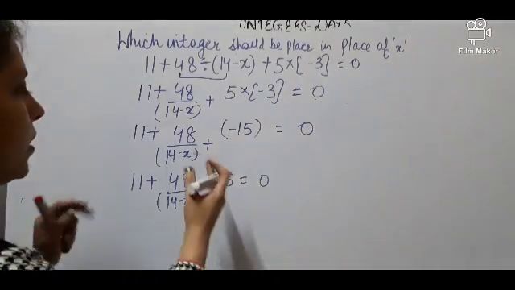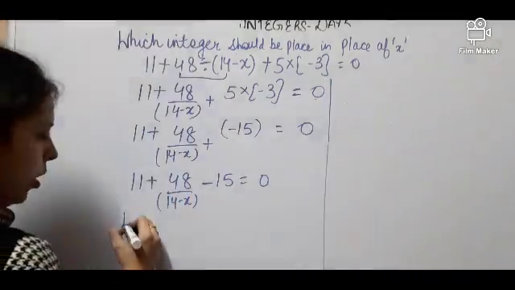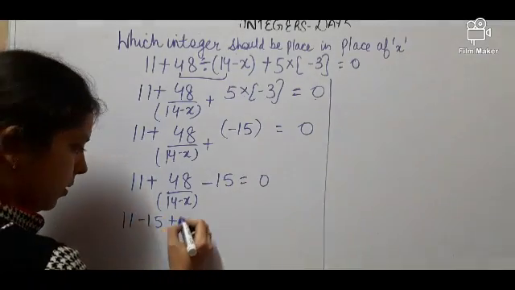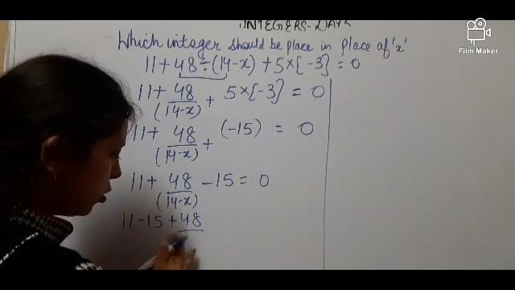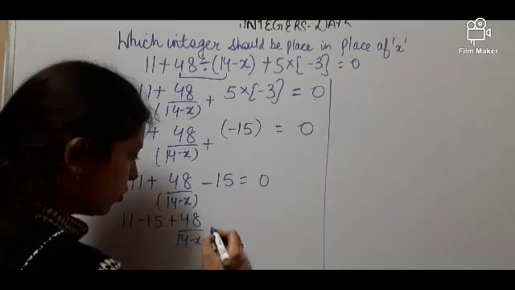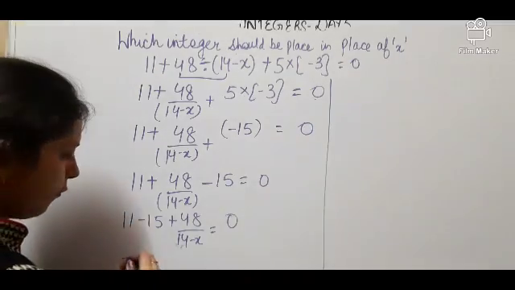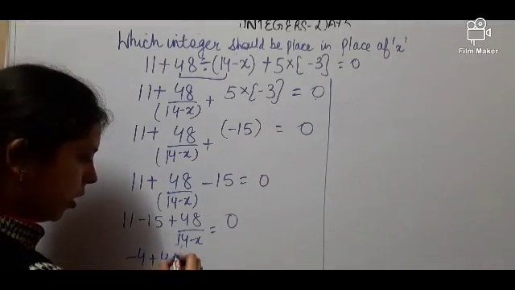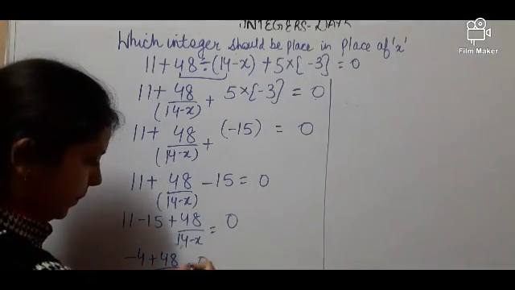Now we can change the place of 50. Because I have to find the value of x, I have to solve all the equations first. So 11 minus 15 gives you minus 4, right? Because plus minus is minus.